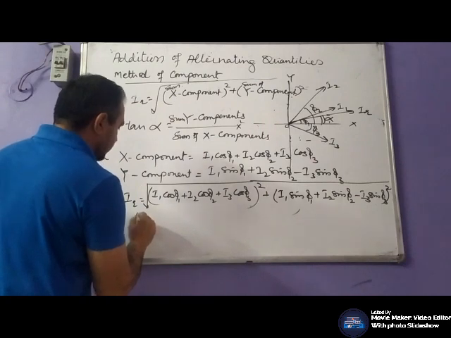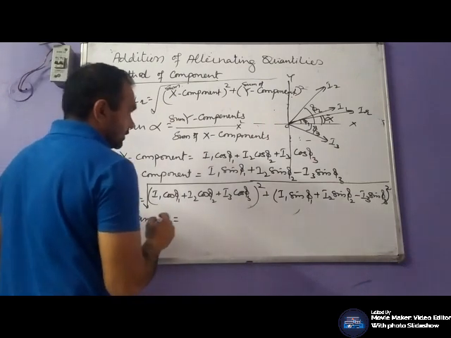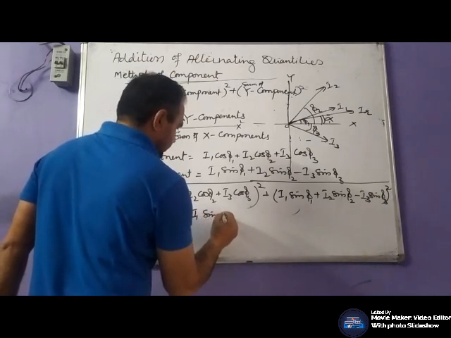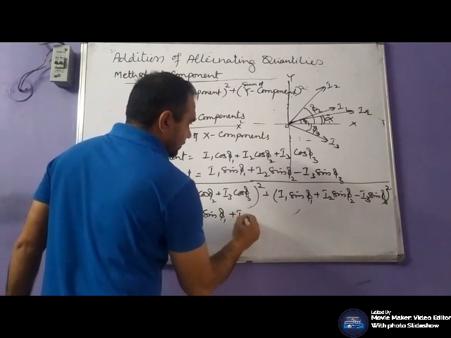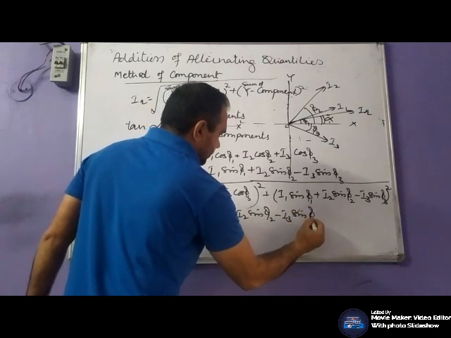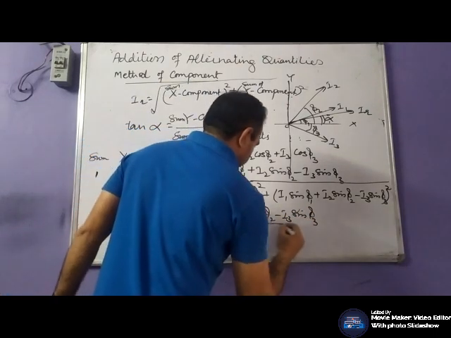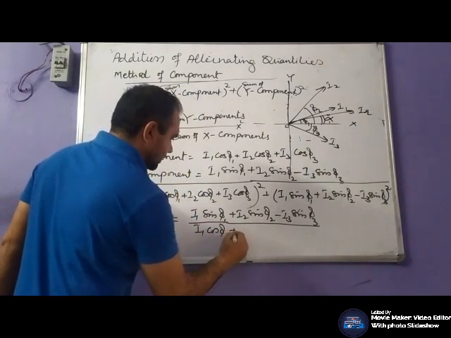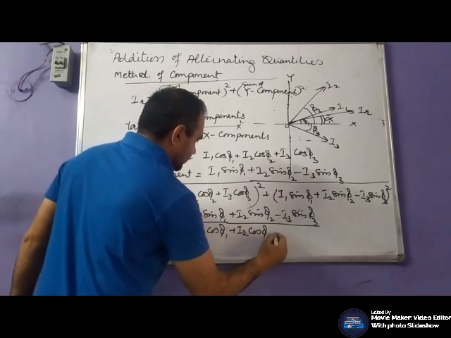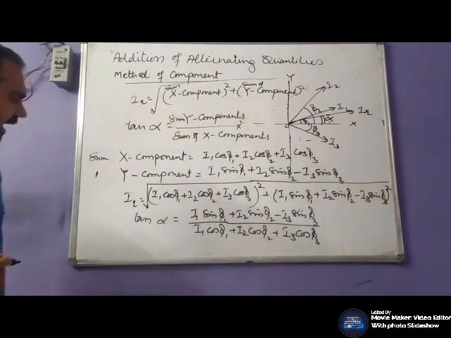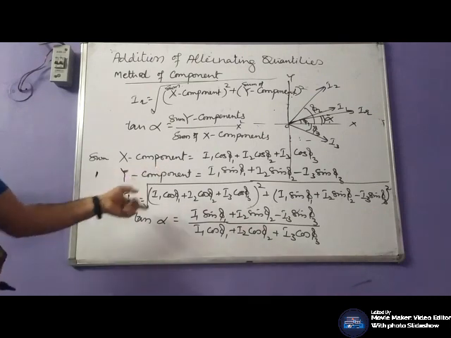Tangent of alpha equals I1 sine of phi 1 plus I2 sine of phi 2 minus I3 sine of phi 3, divided by I1 cos of phi 1 plus I2 cos of phi 2 plus I3 cos of phi 3. And alpha is tangent inverse of that.